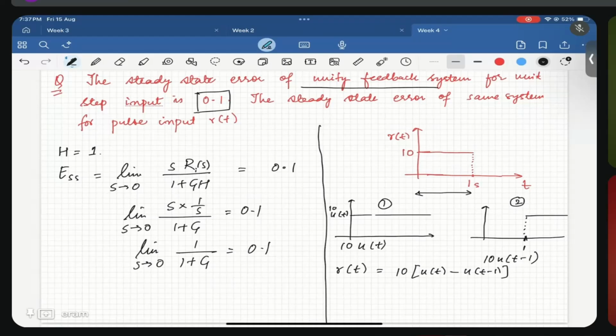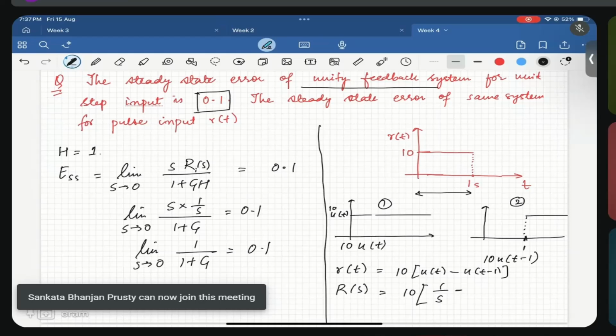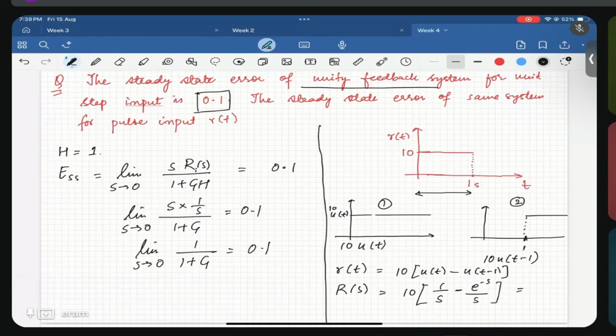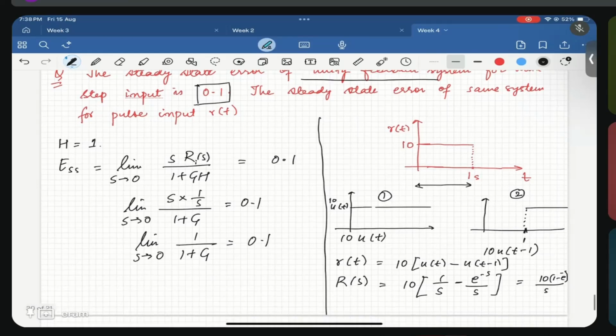So what is the Laplace of this one? What will be R(s)? It will be 10 times 1 by s. What will be the Laplace of u(t minus 1)? If there is a delay, how will the Laplace change? So it will be e to the power minus s by s, okay? So we'll have 10 times 1 minus e to the power minus s, by s. Now can you calculate the steady state error?